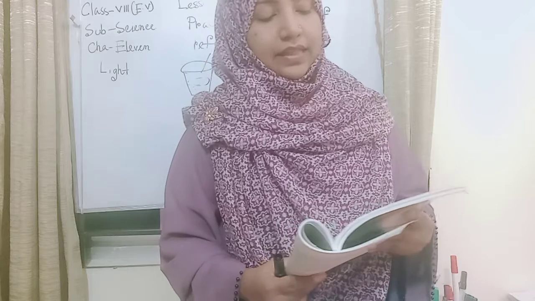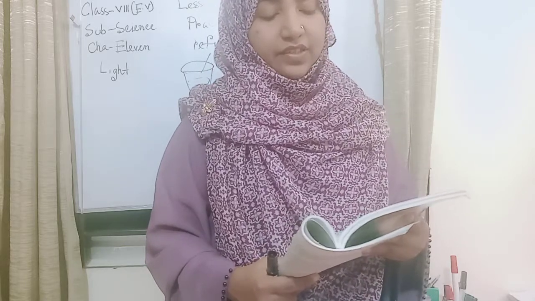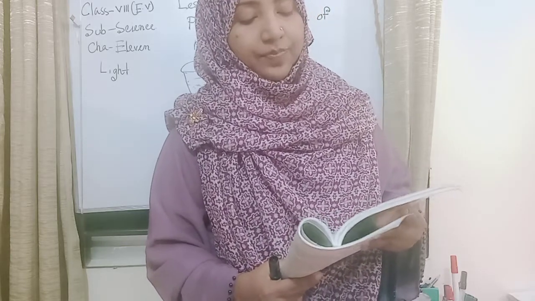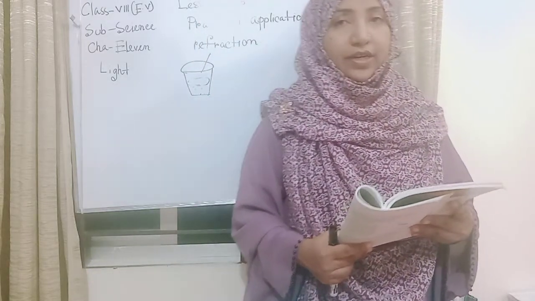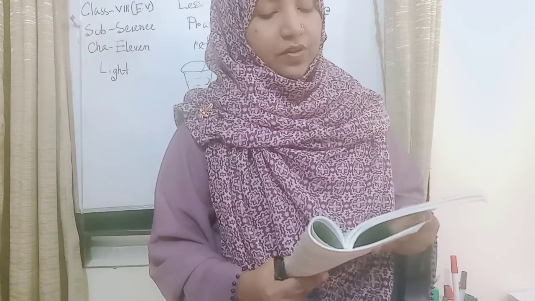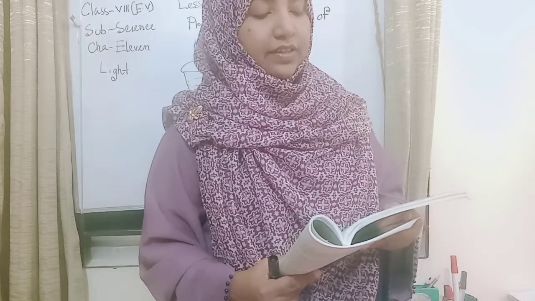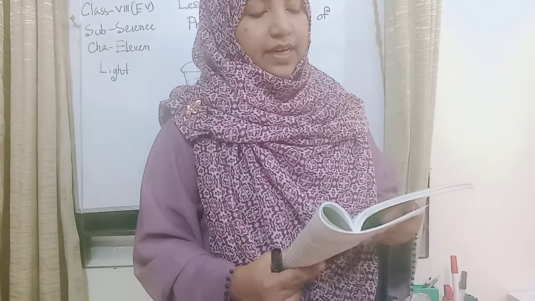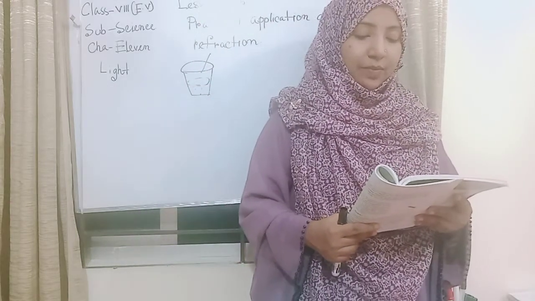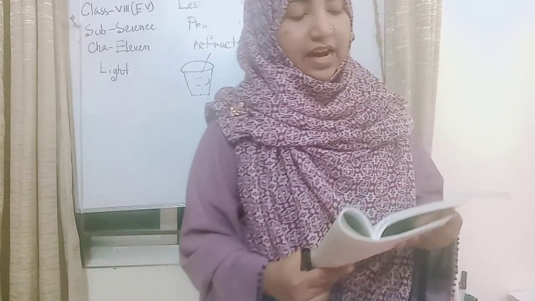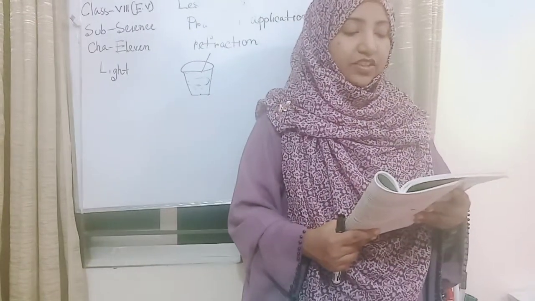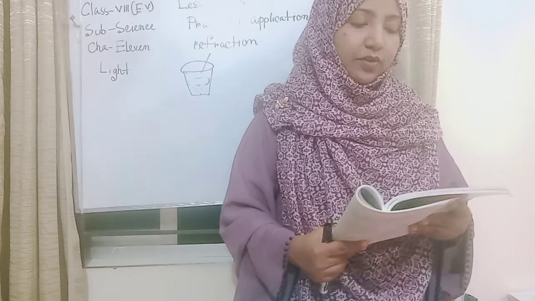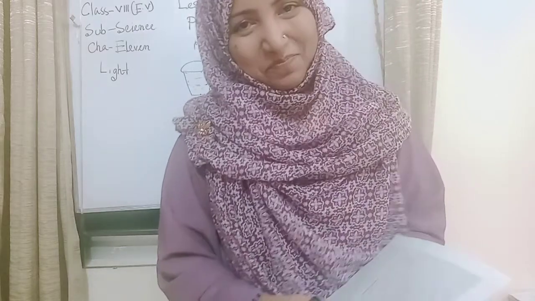Thus the boundary surface acts as a reflecting surface, and this reflection occurs according to the ordinary law of reflection. This phenomenon is called total internal reflection. This means that the light ray from the denser medium is reflected at the boundary surface following the ordinary law of reflection and returns back totally to the denser medium.